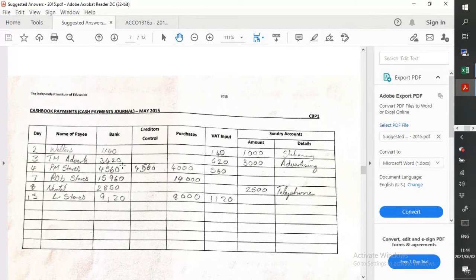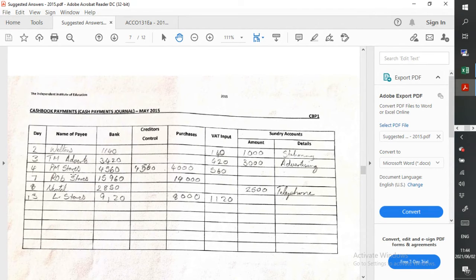So you needed to calculate that. And that's why we have 3,420 as opposed to 3,000 there. We know that we can claim input VAT on advertising, so that's exactly what we've done. And then the difference is what we put under sundry as advertising.